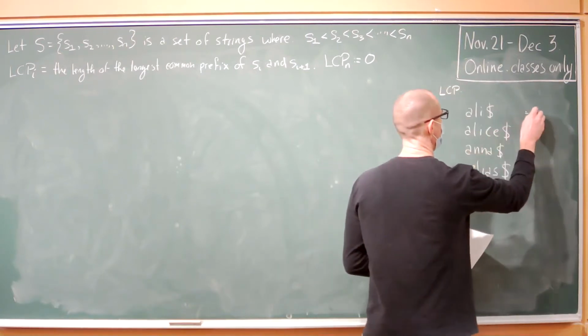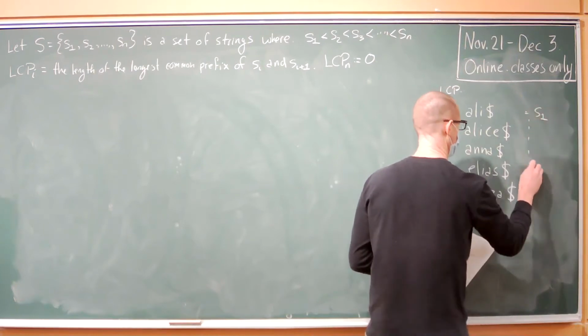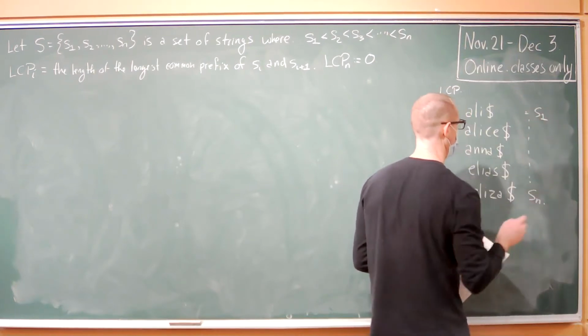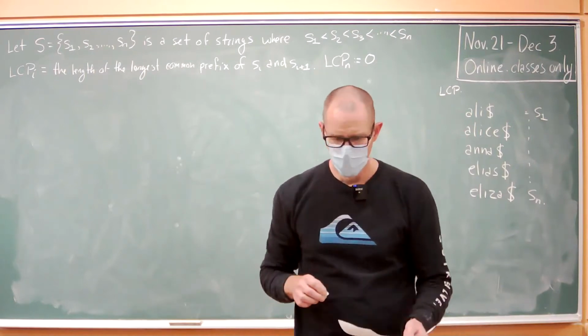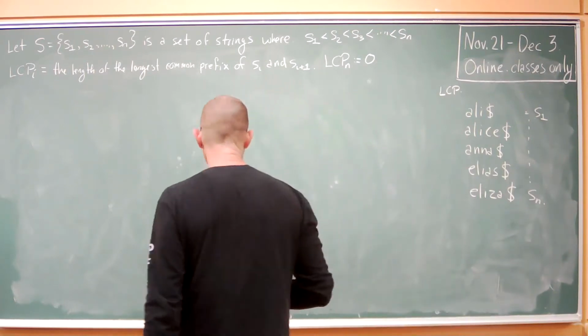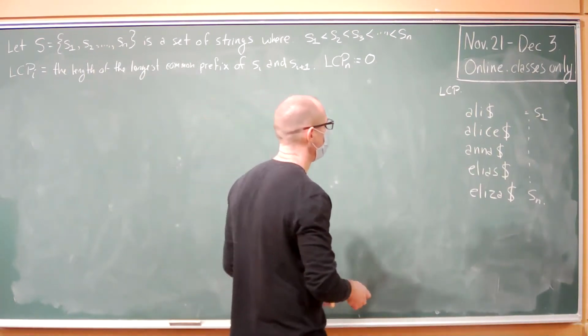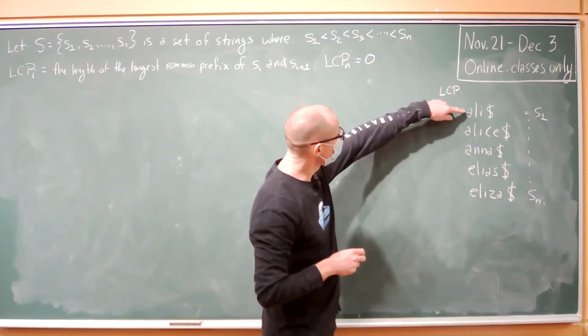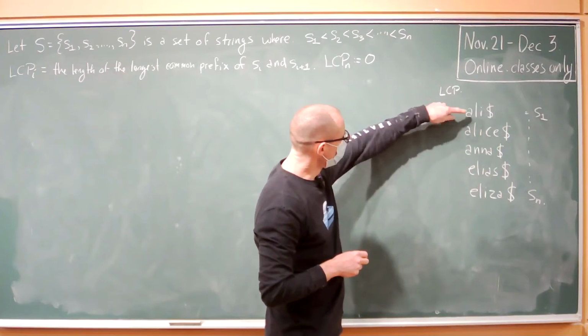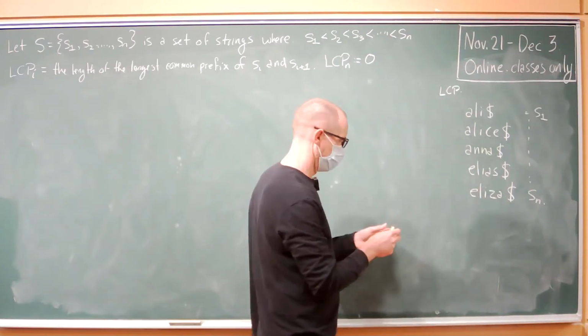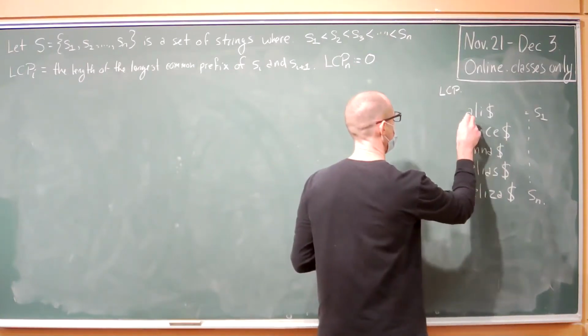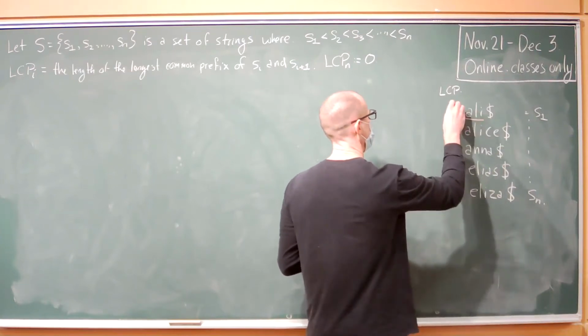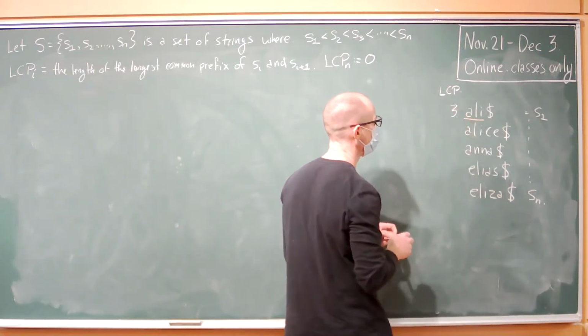This is S1, this is Sn. Then the LCP array will have the length of the longest common prefix between S1 and S2. The common prefix is ALI. So there should be a 3 there.